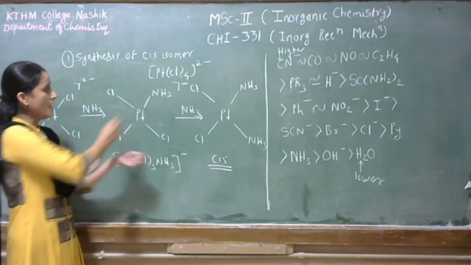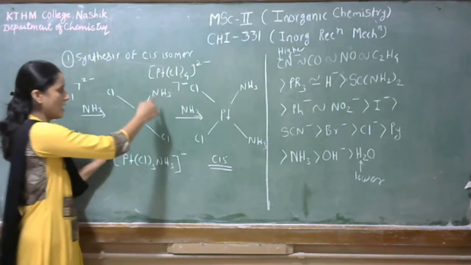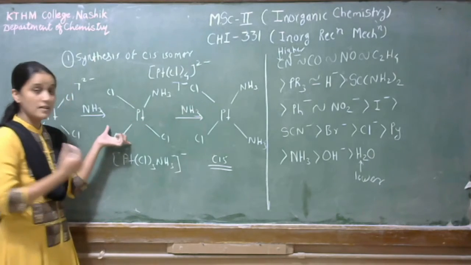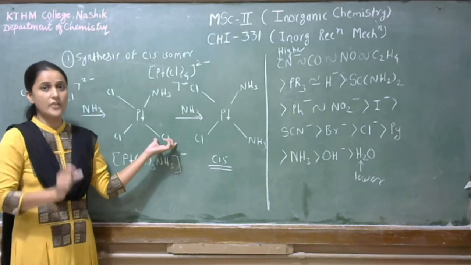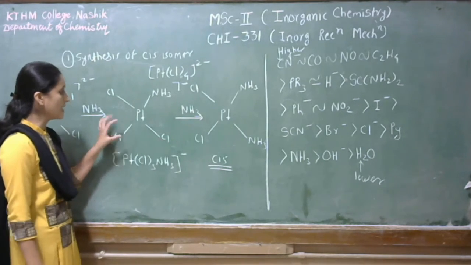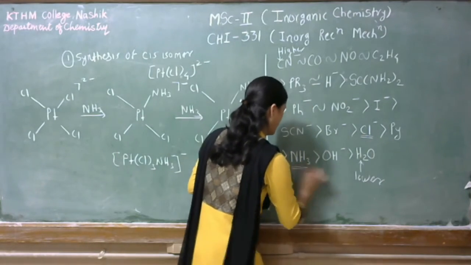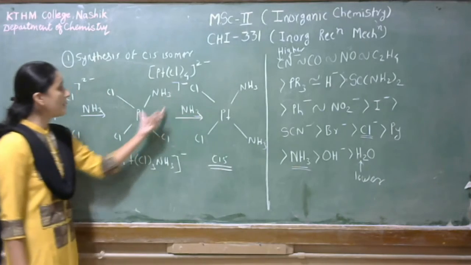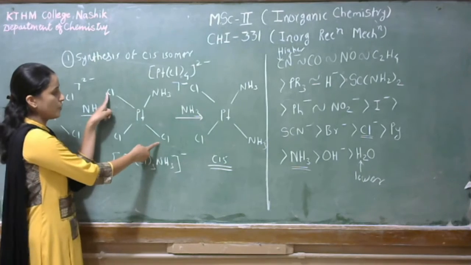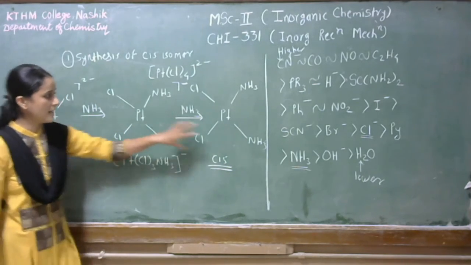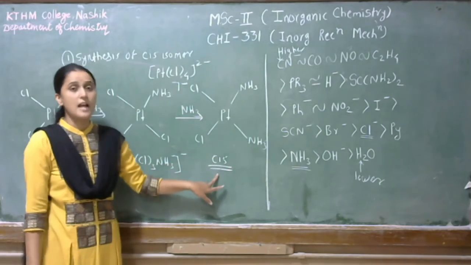Now the question is why this chlorine, which is exactly trans to this NH3, is not replaced, and why only the other chlorine is replaced. Because of the trans-directing effect of this chlorine, because chlorine possesses a higher trans effect than NH3. So this NH3 is unable to replace this chlorine. So one of the other two chlorines gets replaced and NH3 is placed cis to this NH3. So we get the cis isomer.